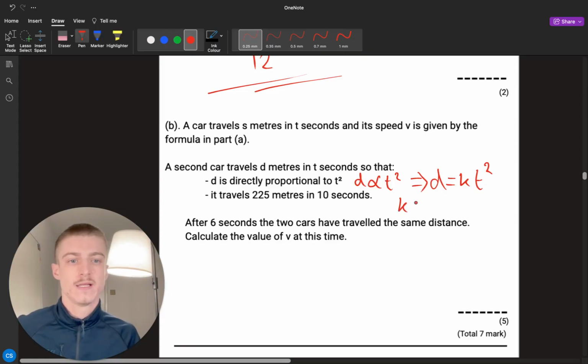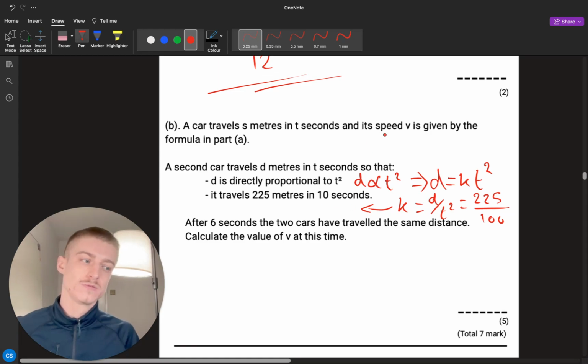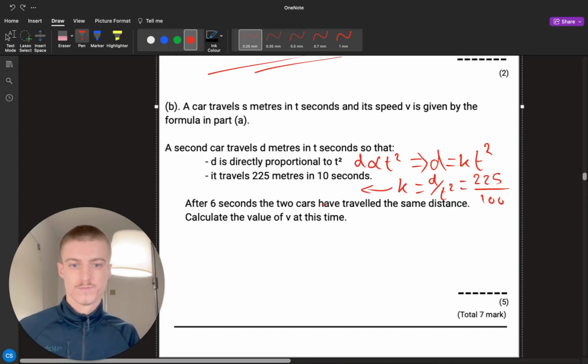So k is equal to d over t squared, which if we plug in 225 over 10 squared, which is 100, then we know that k is equal to 2.25, or in fractional form 9 over 4. Okay.